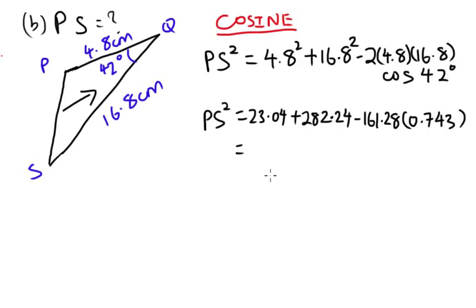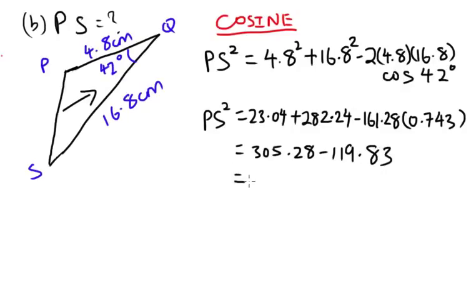So add it up, 23.04 plus 282.24, you get 305.28. So 161.28 times 0.743, you get 119.83.